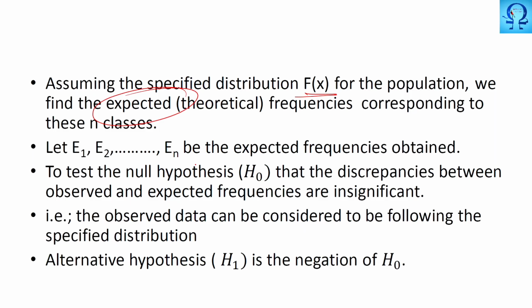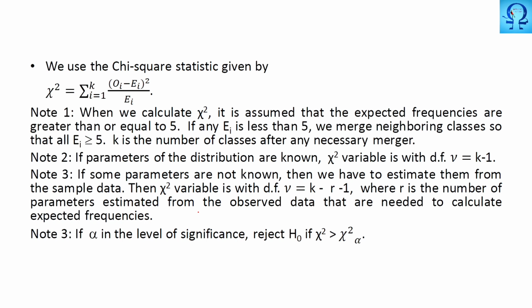Here the null hypothesis would be that the discrepancies between the observed and expected are insignificant, and of course the alternate is the negation of H naught. Here we make use of the chi-square statistic, that is, observed minus expected whole square upon the expected. Here there are some notes.